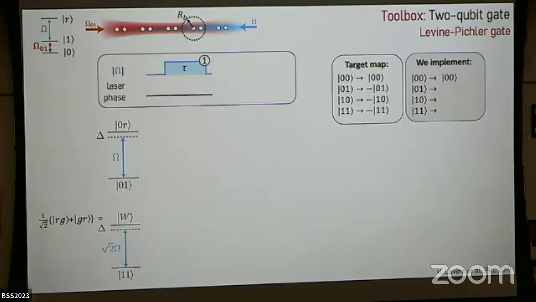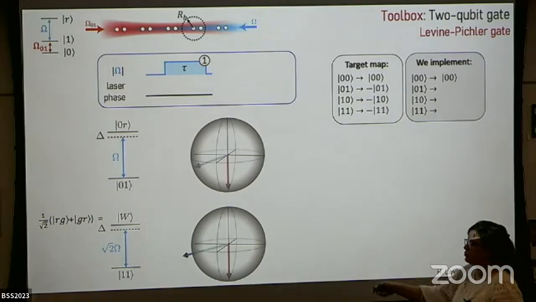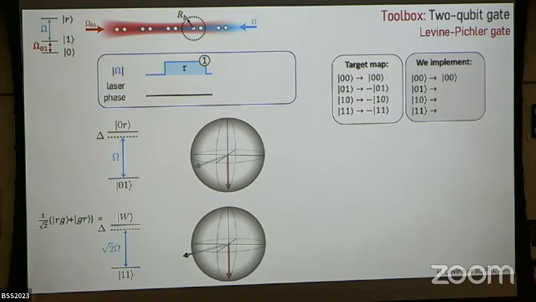Okay, so this is what we do. We apply a first pulse with our Rydberg light with a certain duration tau and a fixed phase of the laser. And so we now look at what happens on the Bloch spheres that represent the two different two-level systems.